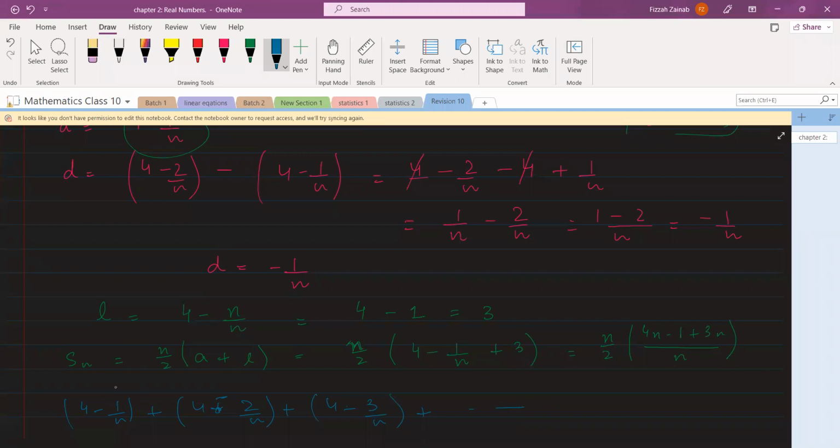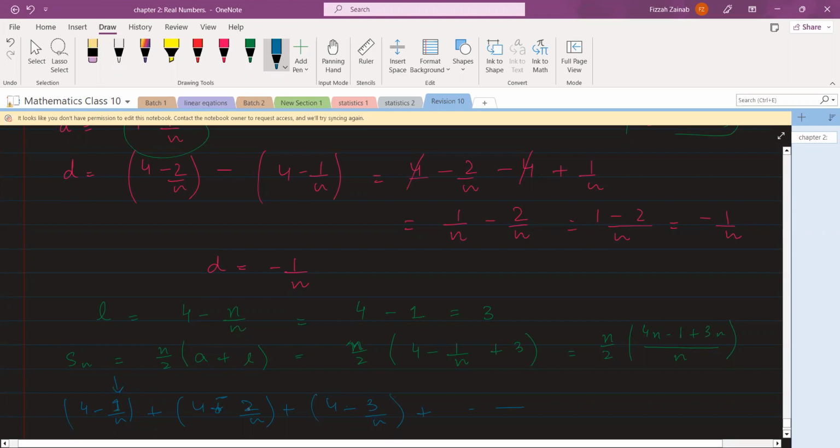See, this is the first term, so you have 1 here, 1 by n. Second term, you have 2 by n. Third term, 3 by n. So that means the nth term is going to have n by n, isn't it? Okay, so the last term is 3. Yes. So if you write 4 minus n by n, that means this is 3. Right?